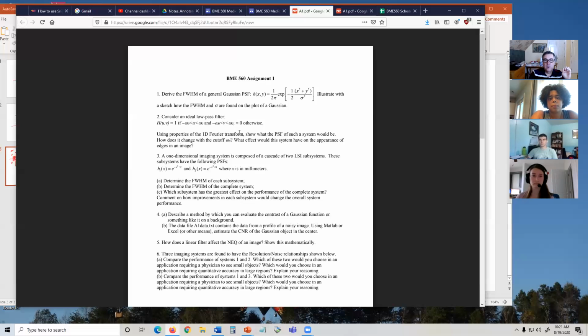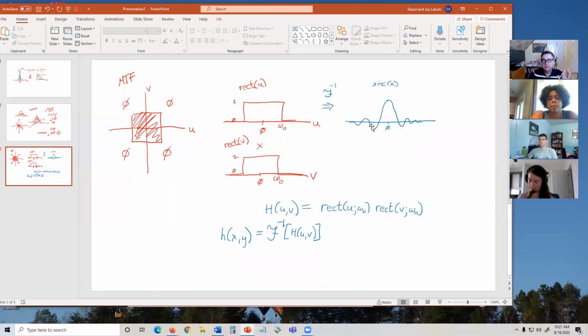So the question is, what is this going to do to high frequency features like edges in an image? If we go back to the fact that this is going to have some kind of effect like a sinc function, we're going to be taking our original image with its nice sharp edges and convolving them with this.